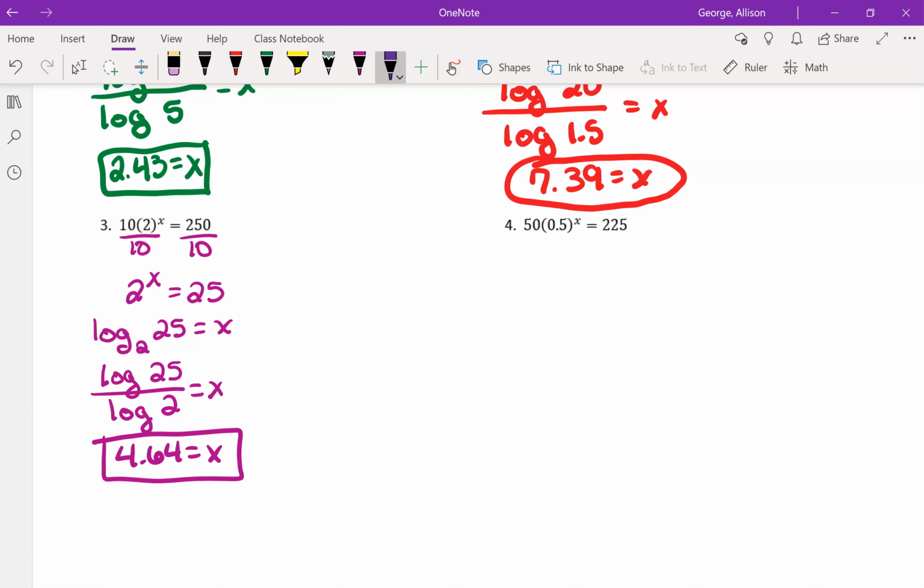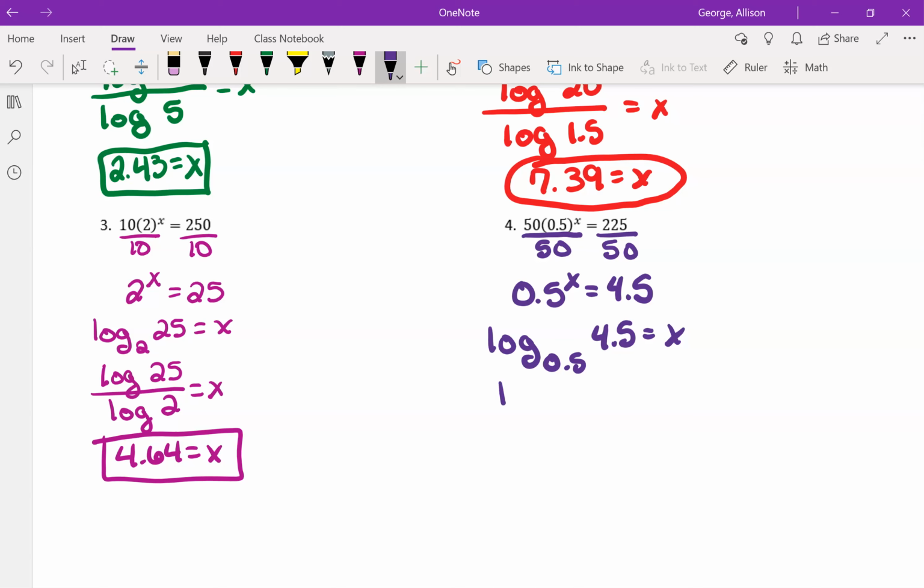This next one is, again, more of the same. It's just going to be a little stickier because it's not going to come out quite so nicely when we divide. We're going to divide by 50 to start, because it's 50 times 0.5 to the power of x, so we need to get rid of that. That's going to give us 0.5 to the x equals 4.5. Next step is to write it as a log, and then jump to our change of base.